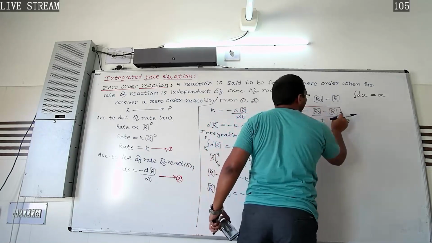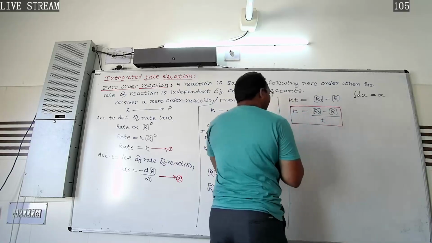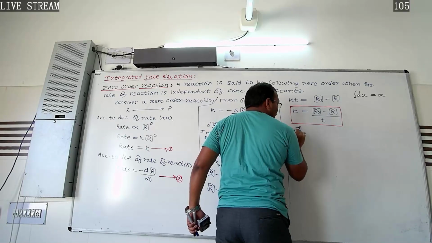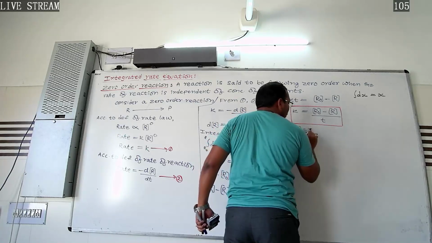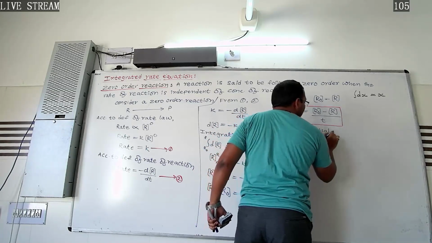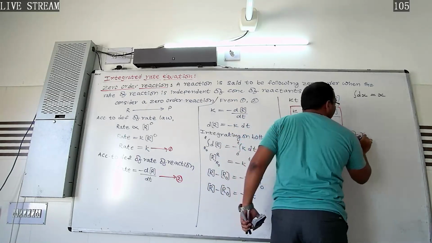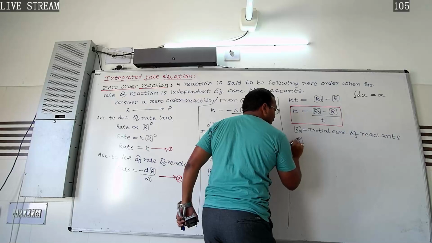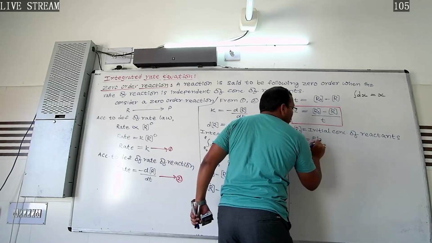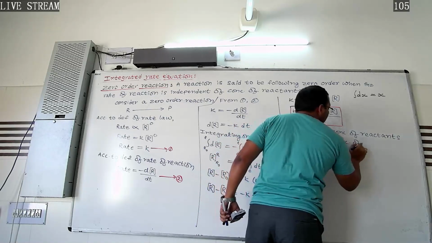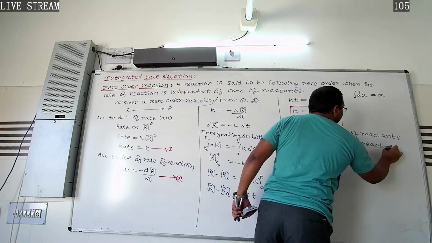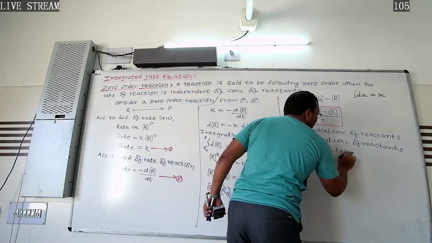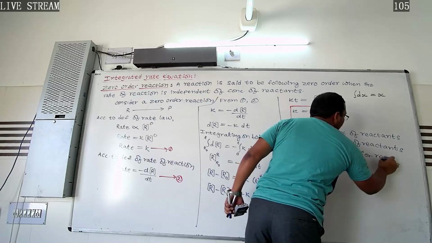So this formula we have to remember for a zero order reaction, where K is the rate constant, t is the time, r naught is the initial concentration of reactants, and r is the final concentration of reactants after time t, and t is the time taken for the reaction.